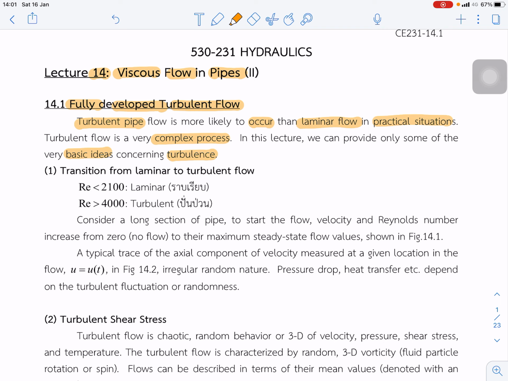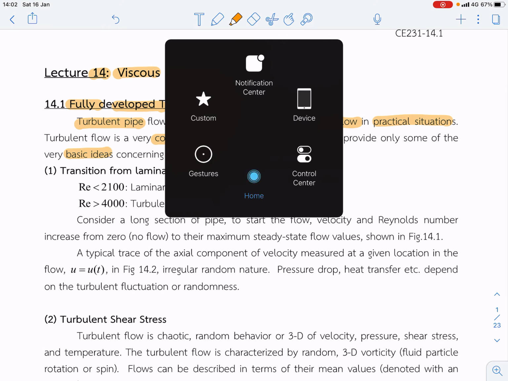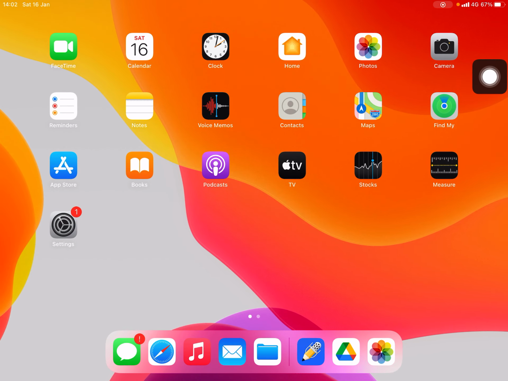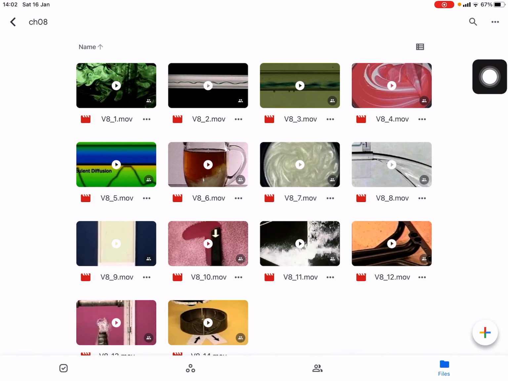To visualize the difference between laminar flow and turbulent flow, I will show you some clips. This clip shows dye in the water at the left-hand side, and we see what happens if the velocity or the flow rate of the flow increases.